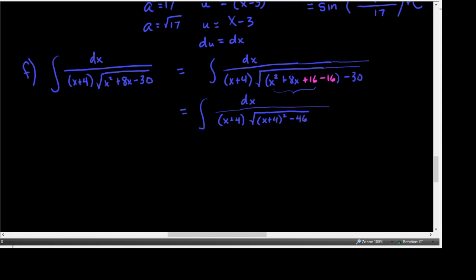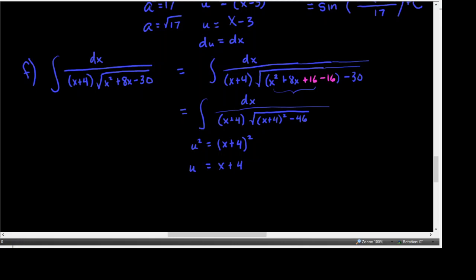And this is now ripe for using number 20. My u squared is x plus 4 squared. So u is x plus 4. Now double check that what you have in front of the radical is this. You might have to introduce a constant at this point to make it be this particular u that's in front.